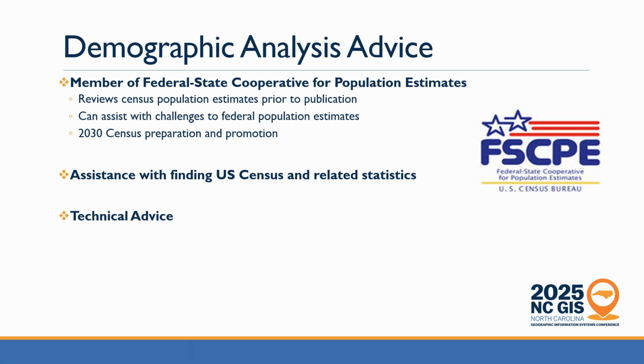If you work for a local community and have questions about my estimates or the Census Bureau's estimates, you can contact me and we can talk about those. In some cases, you can challenge the Census Bureau's estimates. In other cases, if there's an issue, it may be something we're aware of, and we can make sure the Census Bureau is aware of it for the next round of estimates.